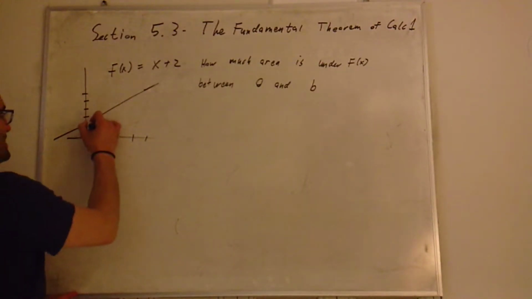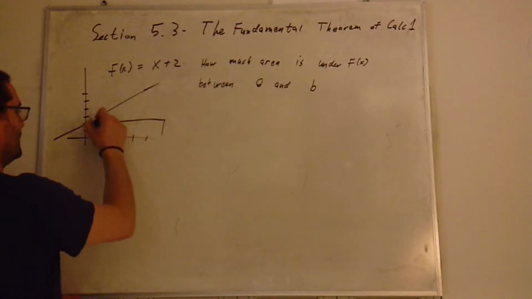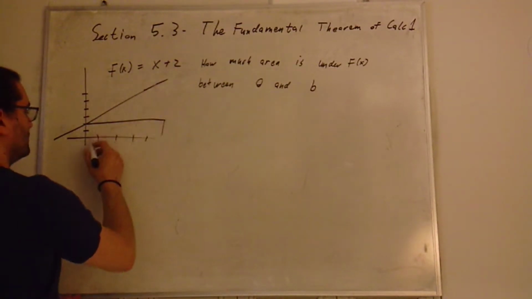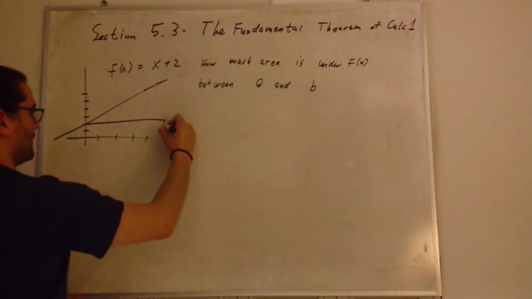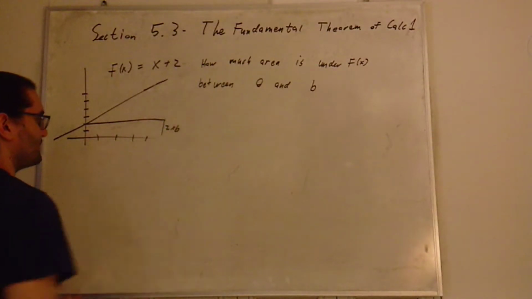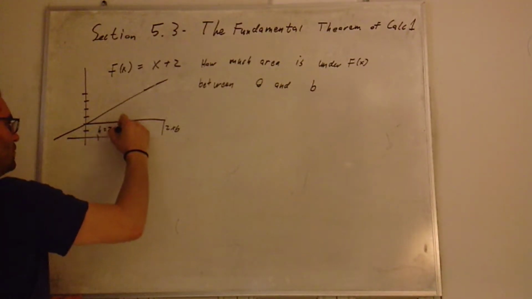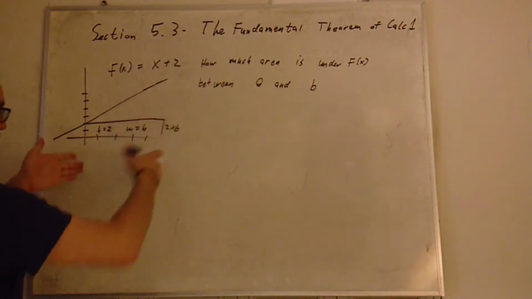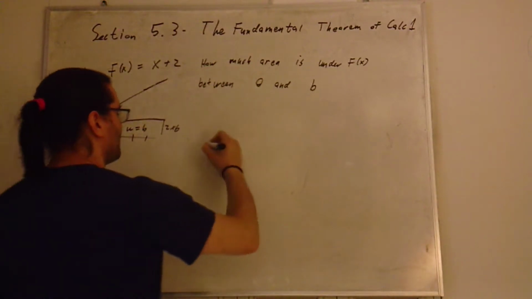Whatever b is, I think you'll agree that we can find the area by splitting this into a rectangle and a triangle. The rectangle should have area 2 times b. It's got a height of 2 and a width of b. B is the amount of space between 0 and b. So this rectangle on the bottom is 2b.